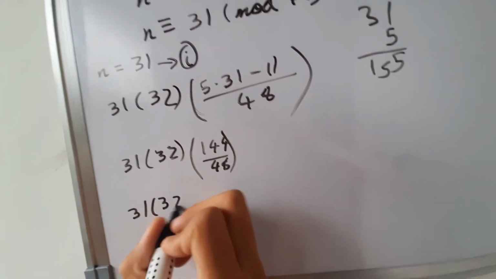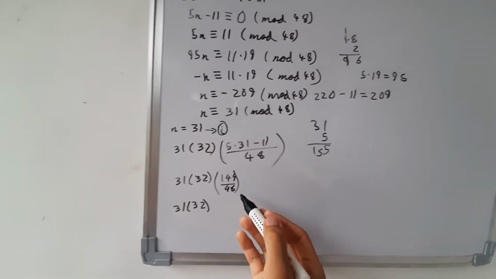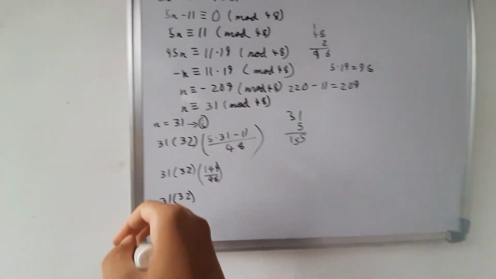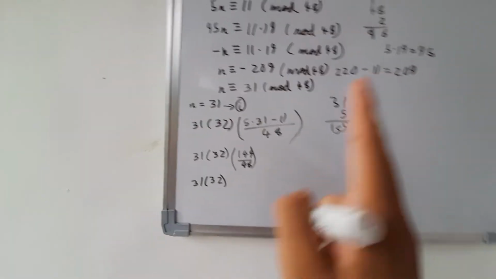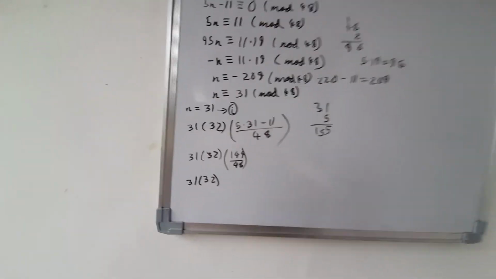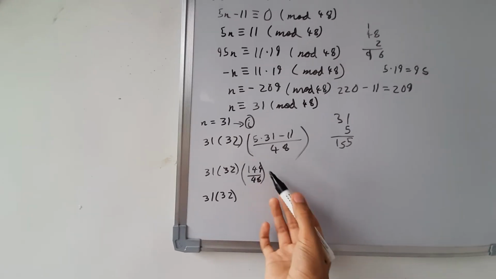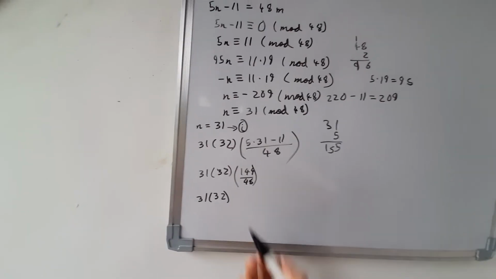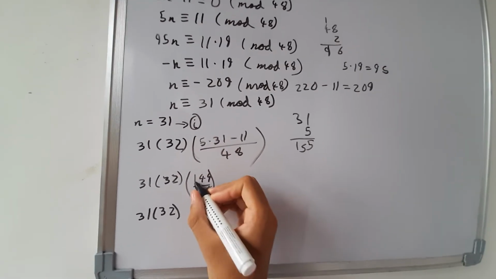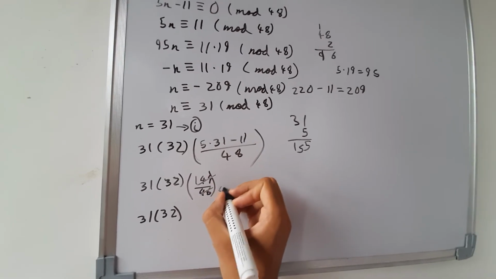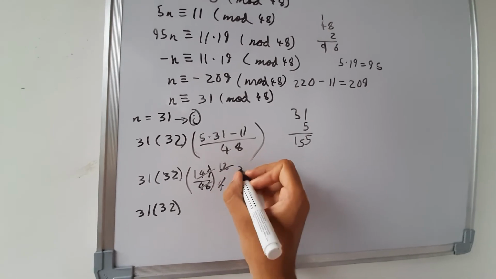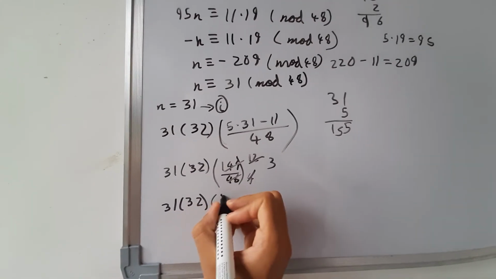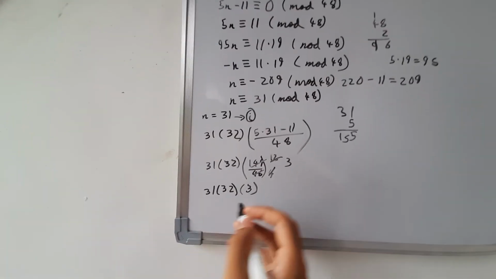So 31 times 32, and then 144 upon 48. Of course, this is the smallest value, but it's the one we can get. Notice that you can remove factors of 12 first, so the 48 leaves a 4, and the 144 leaves 12. Then we can remove a factor of 4, which just leaves it with a 3. So 3 times 31 times 32.